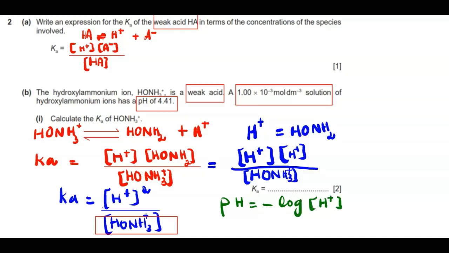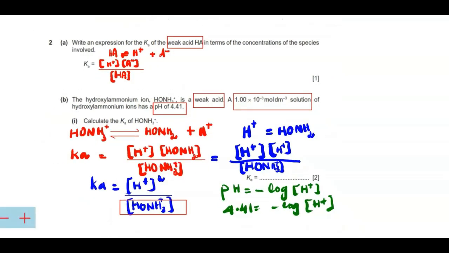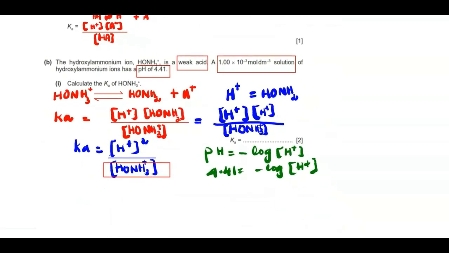So by putting pH, which is 4.41, negative log H plus, this expression is further modified.